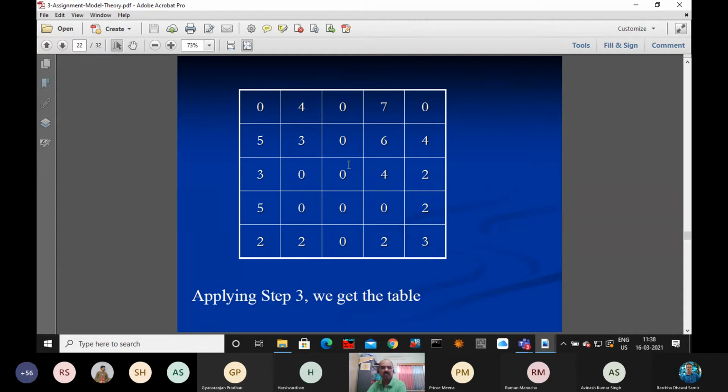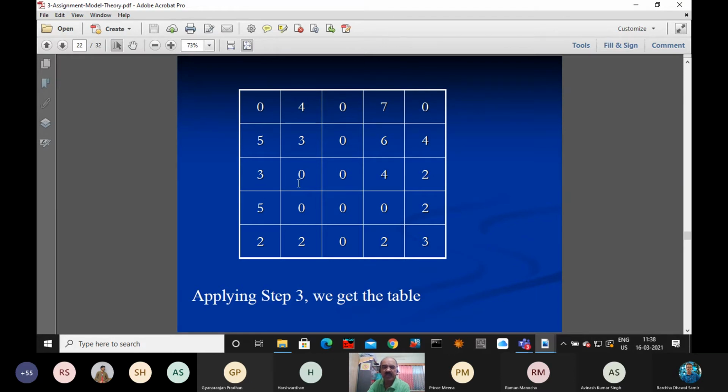In the second row there is only 1 zero. So we assign to this 0, and all the zeros in the same column we cross out. So in the second row, work is done. Now we are coming to the third row. In the third row, there is 1 zero.